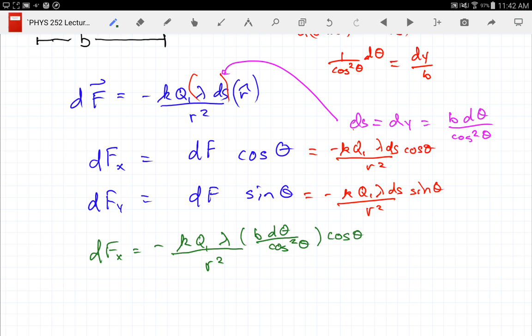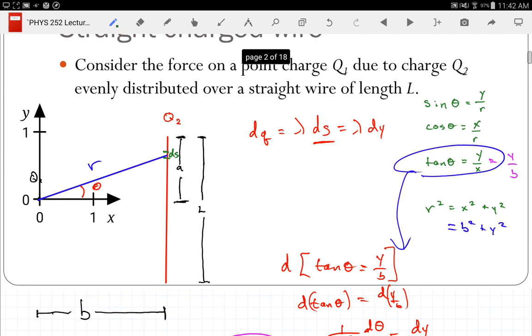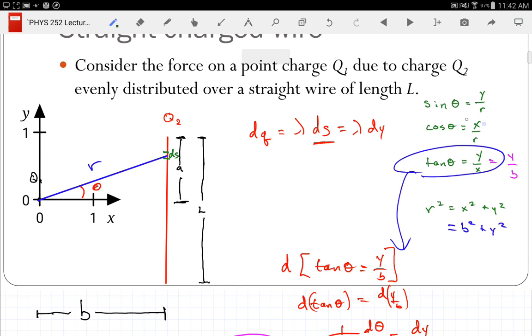Well, if you look at this, and you have any sense at all, you say, you still have two variables in your equation. Everybody see that? I have cosine theta, and I have r. So I need to relate the two. Well, since I have r and cosine theta, the quickest thing is going to be to use the relationship between r and cosine theta.